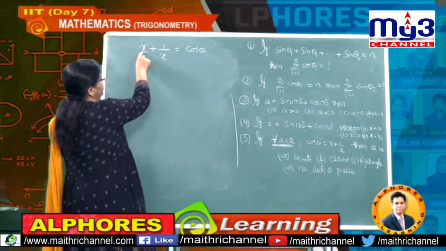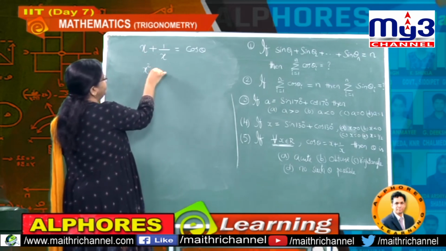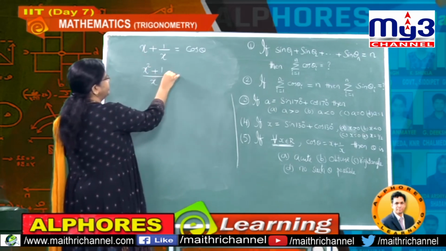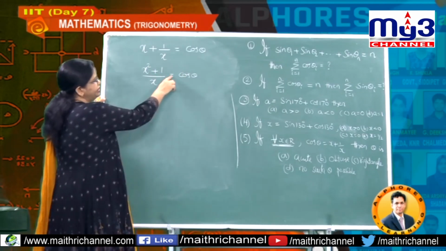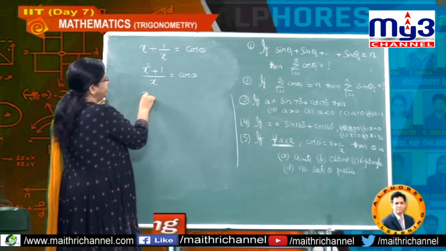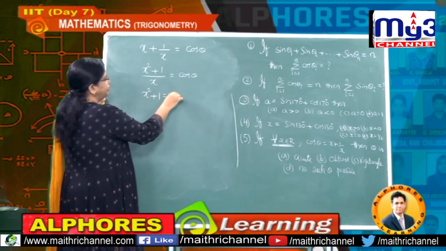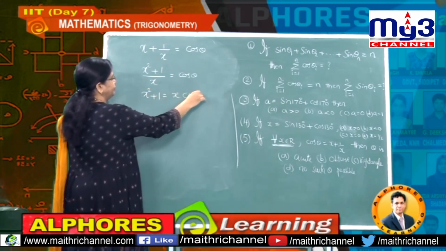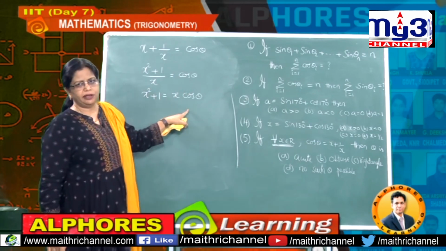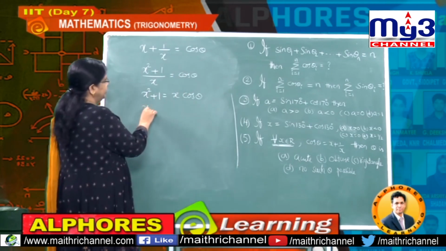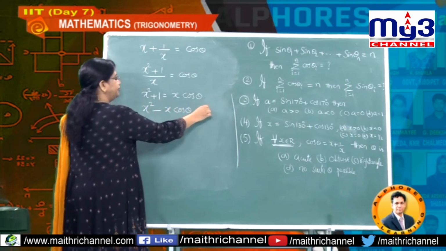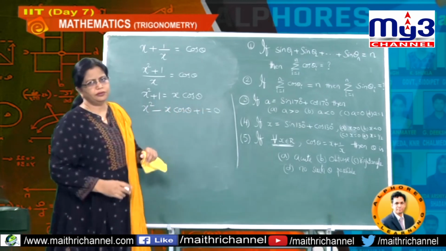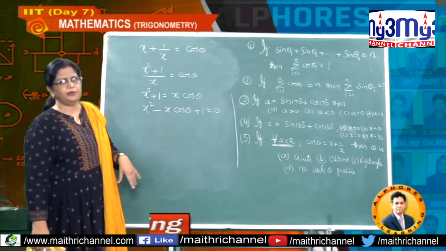I am just taking the LCM, x square plus 1 divided by x is cos theta. Cross multiply: x square plus 1 is equal to x cos theta. Now write this value towards this side, then x square minus x cos theta plus 1 equal to 0. So we wrote up to here.